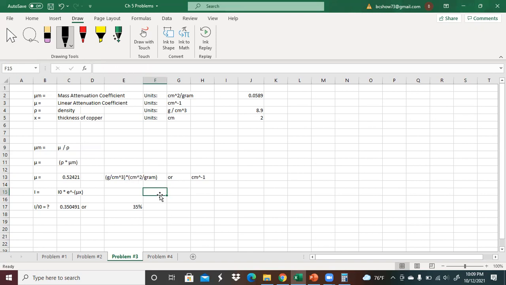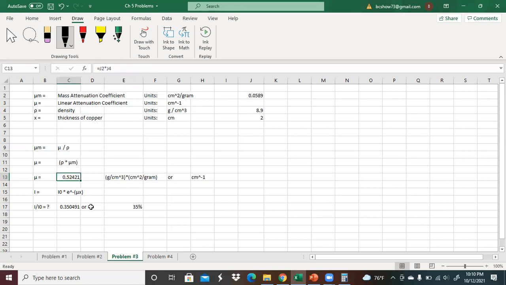If you do that multiplication, you can see that the grams cancel out. You've got more centimeters on the bottom than on the top, and that leaves you with centimeters raised to the -1 power. That stands to reason. Any unit you get out of this should end up being a unit of length raised to the -1 power.